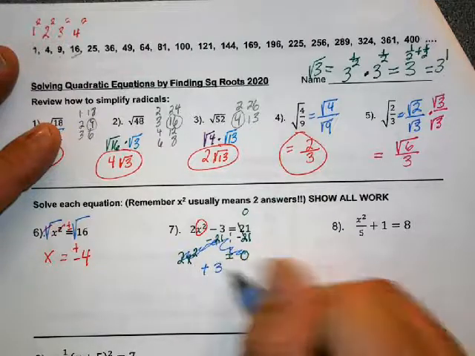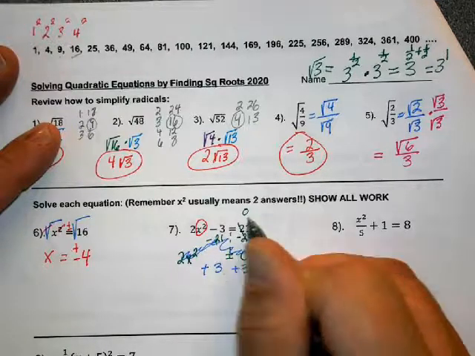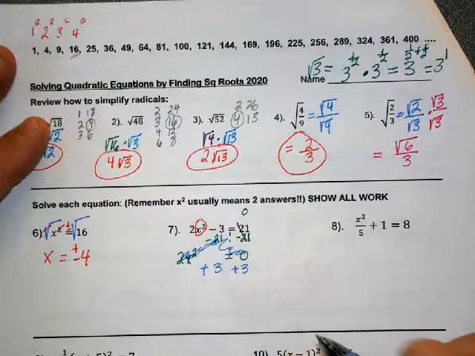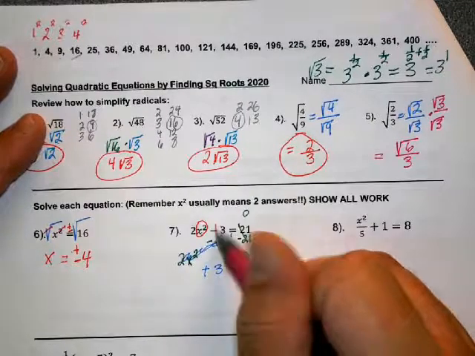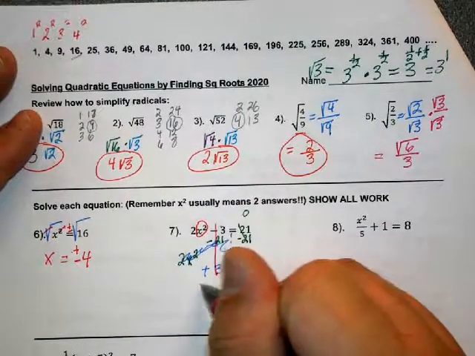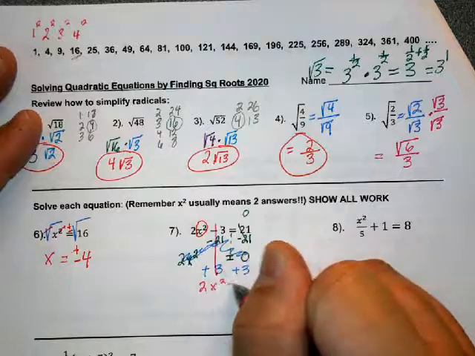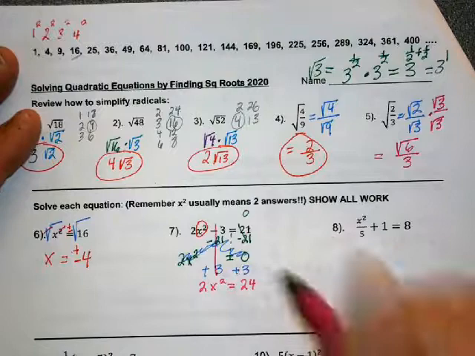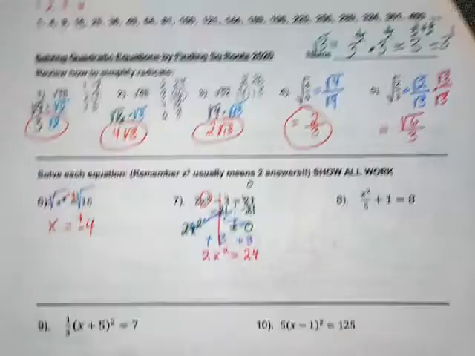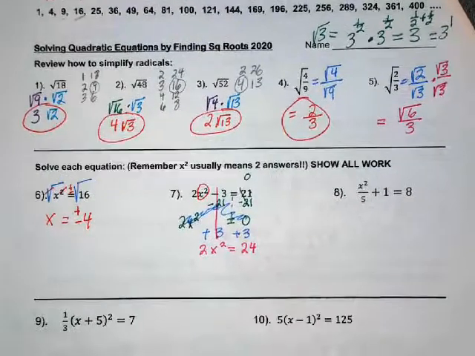I don't want 0. I want to get x squared by itself. Okay. Thank God you guys are using pencil. So my 3's go away. I get 2x squared. 21 plus 3 is 24. Did that really mess you guys up? A little? I'm sorry. I want to get the x squared by itself.